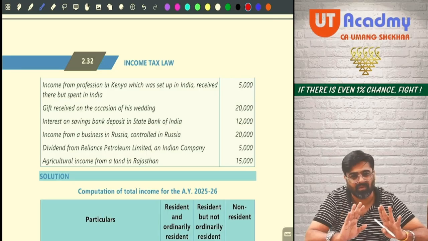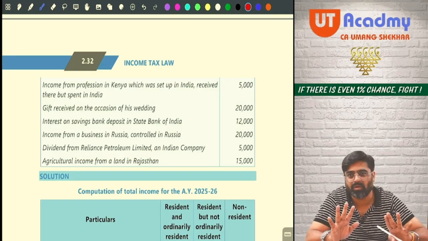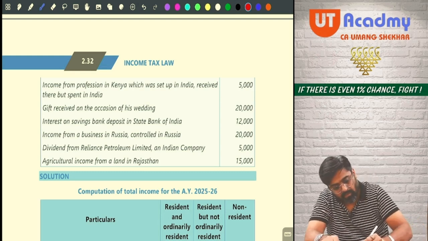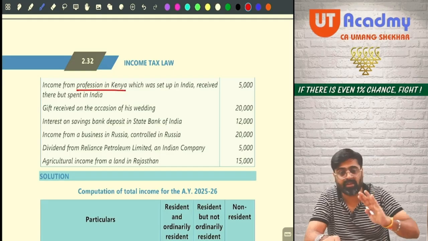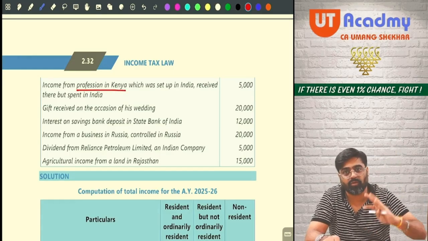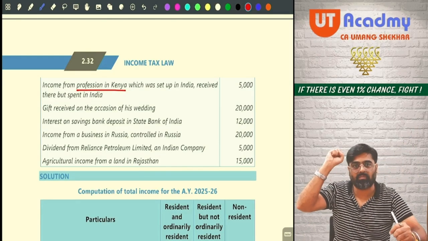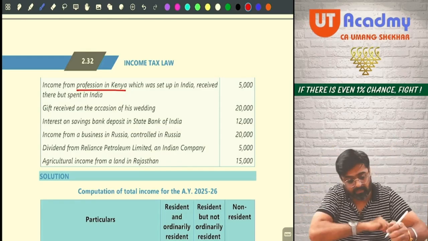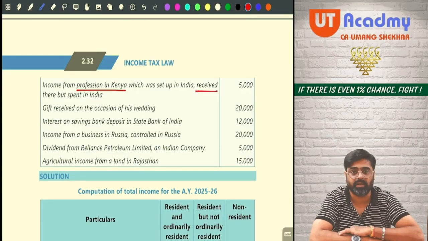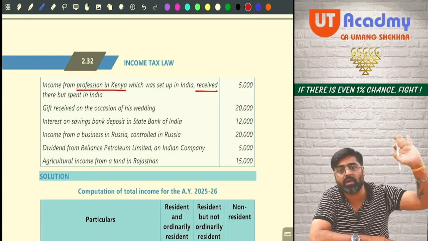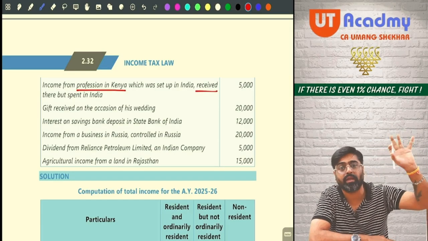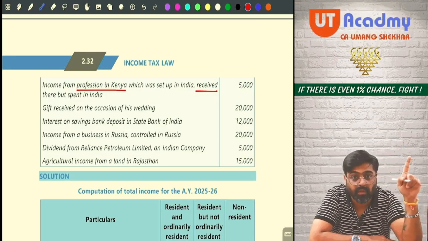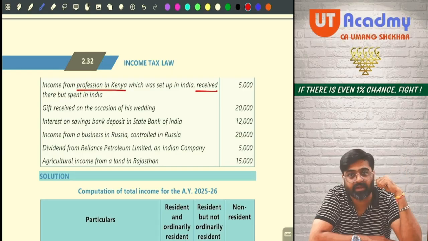Wait, no. Where you are spending it, I don't want to see. Tell me. Profession in Kenya means profession outside India. So from that profession, whatever income will come is accruing outside India. And they are saying that income is also received outside India. So this is a foreign income from a profession which is outside India.